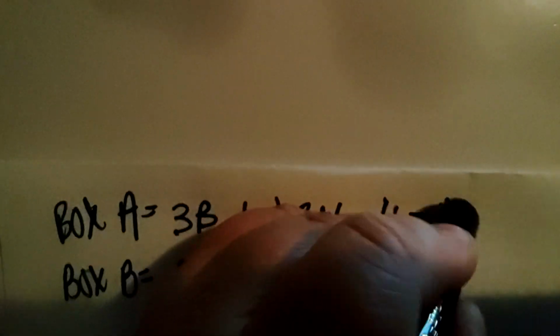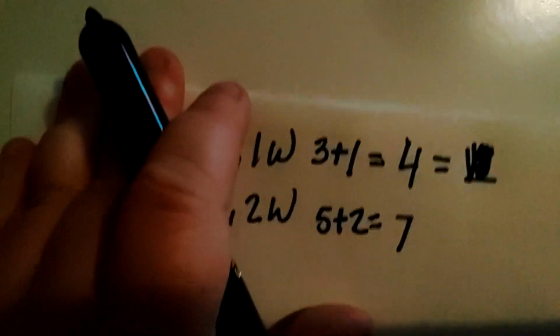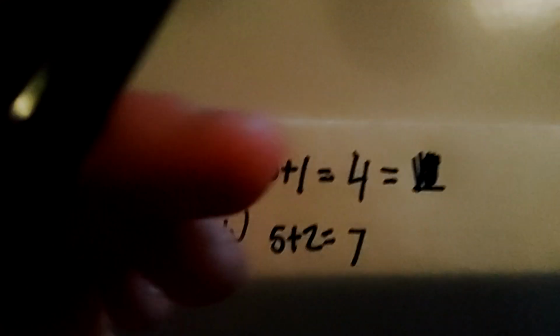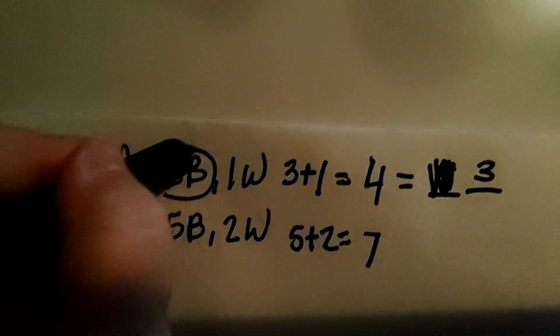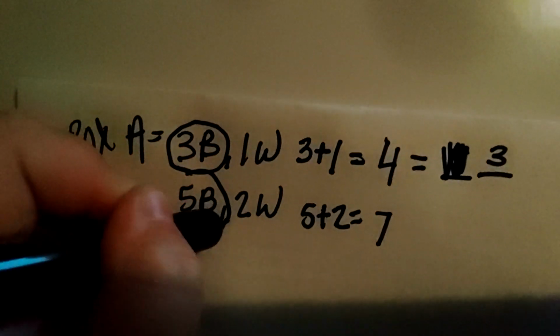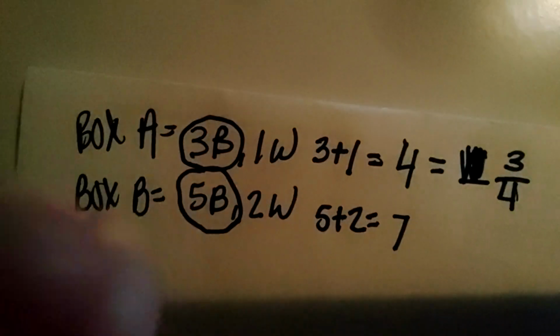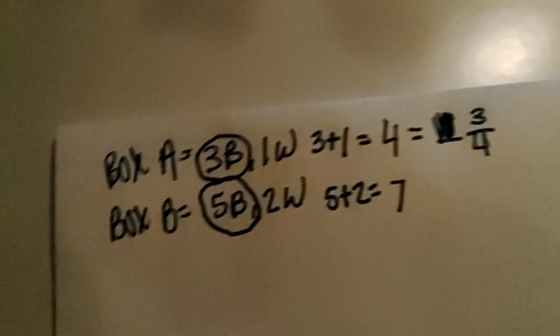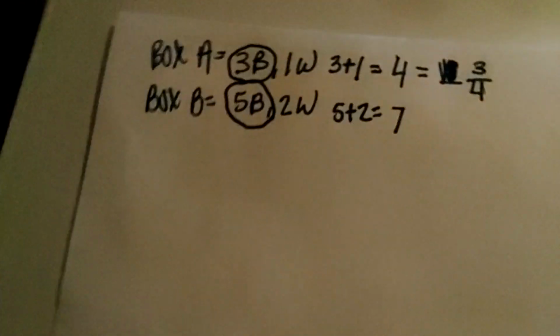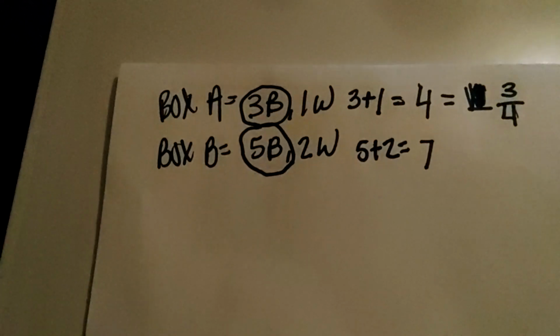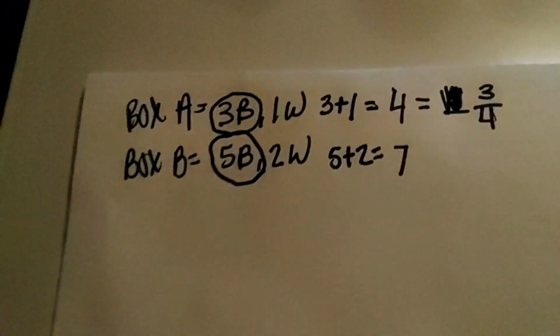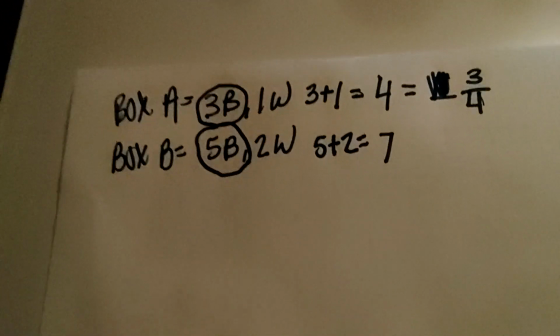Oh no, 4 doesn't go on top. Good catch, Ty. 3 goes on top because we're focused on our black balls. 3 goes on top, 4 goes on bottom. 3 represents our 3 black balls, and 4 represents the total of balls in box A.